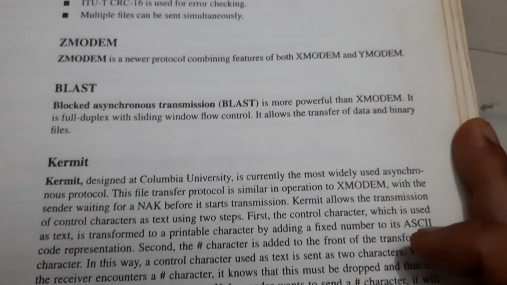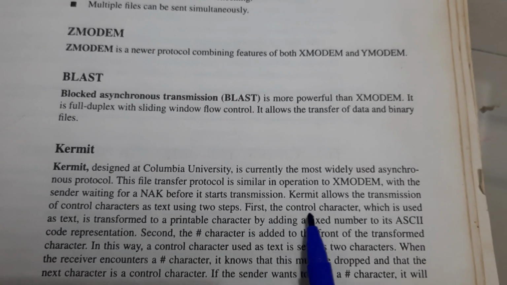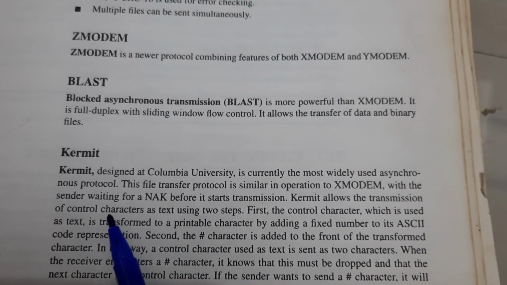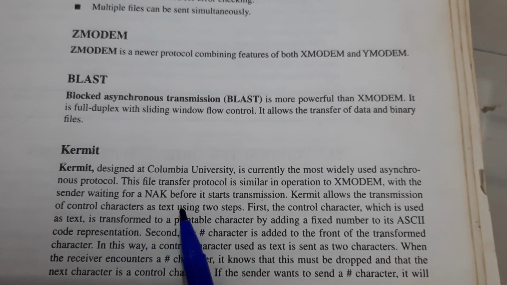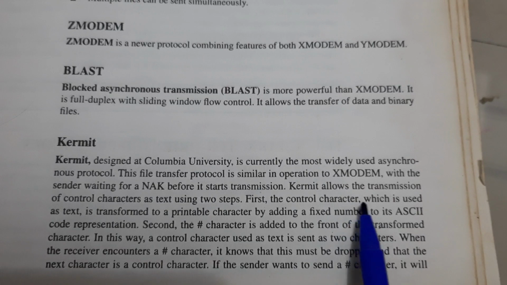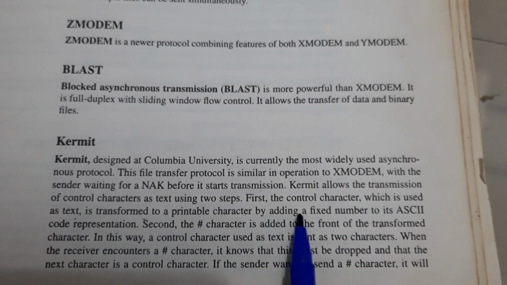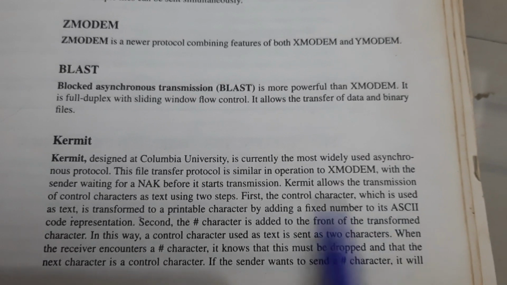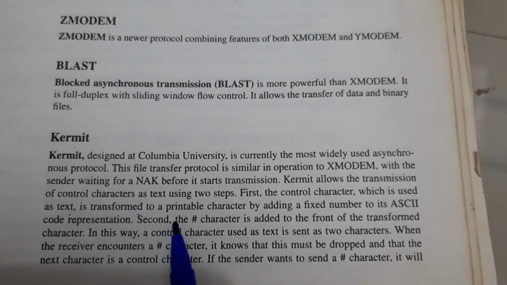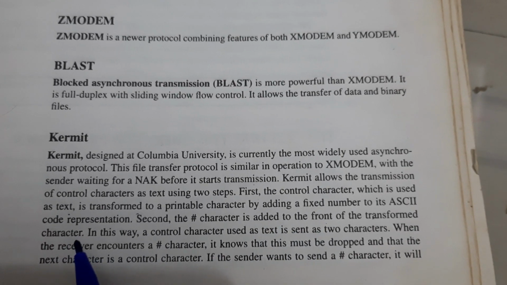Next is Kermit. Kermit allows the transmission of control characters as text using 2 steps. First, the control character is transformed to a printable character by adding a fixed number to its ASCII code representation. Second, the hash character is added to the front of the transformed character.